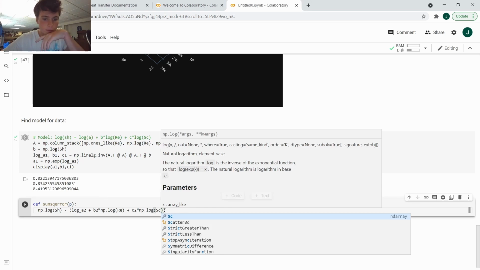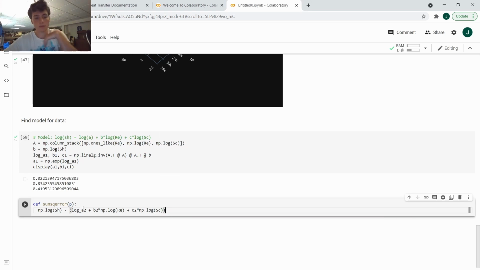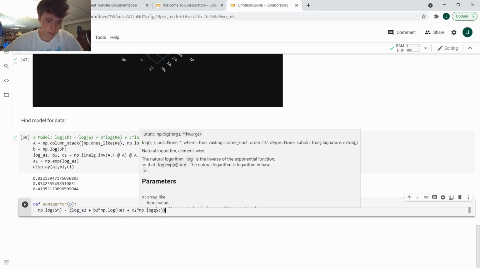This in parentheses is what our model would predict. And we're going to try to figure out what this log A2 variable, B2, and C2 are.